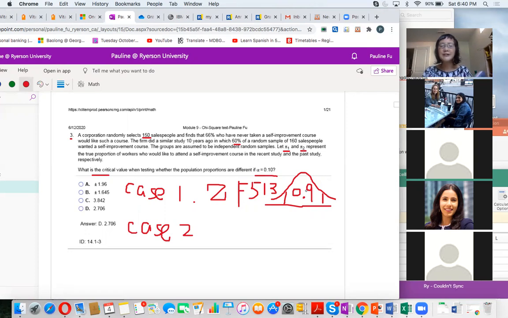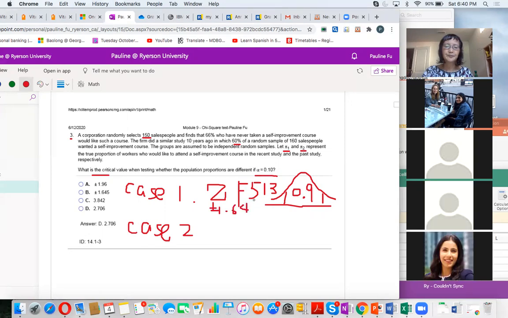And then you press EXE, you get the critical values. One is 1.645, the other is negative 1.645. So positive and negative 1.645. So this is the critical value when you use the z-test. Any questions?